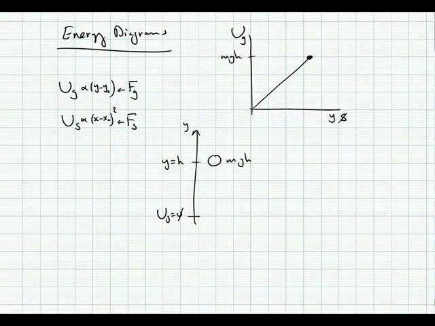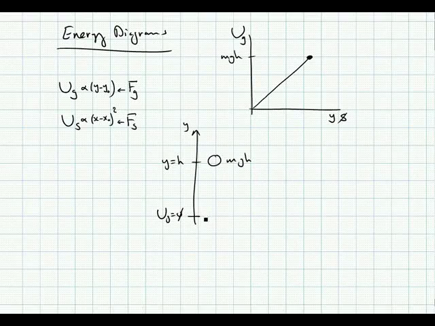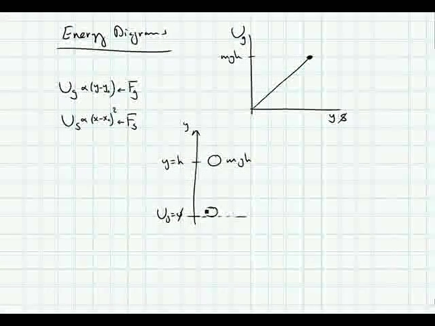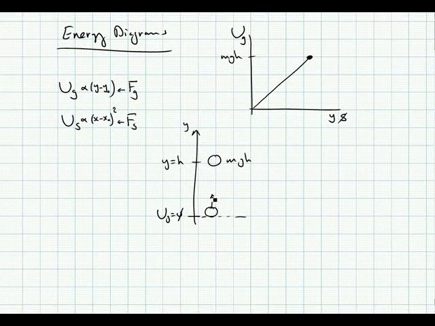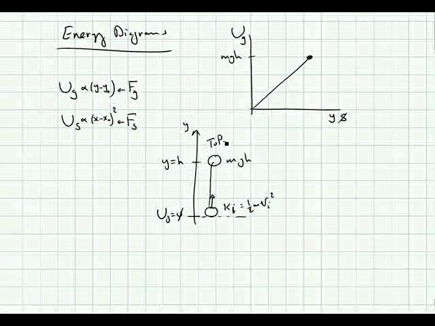y equals h. Now let's say that we actually start with the object at the ground level, and we throw the object upwards. Therefore it has some initial kinetic energy, which is equal to 1/2 of its mass times initial speed squared, and it goes all the way to its turning point.